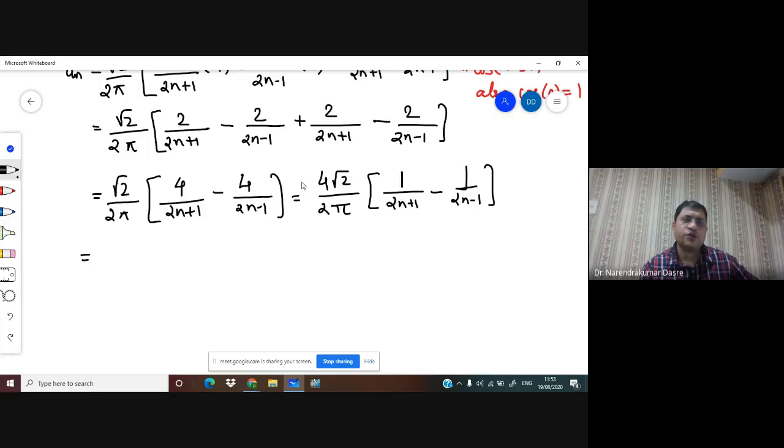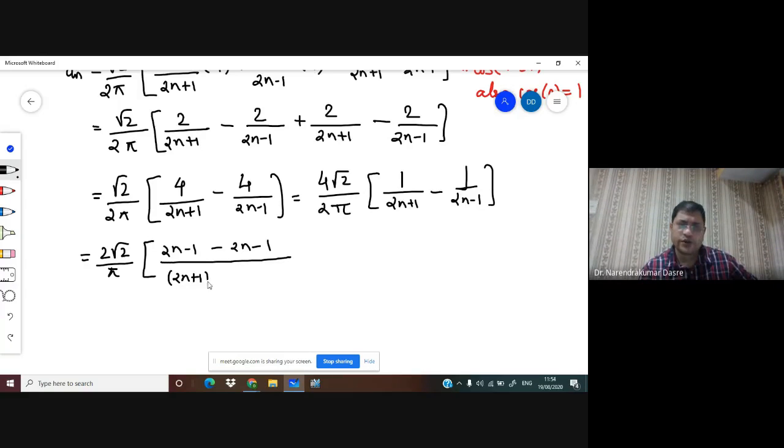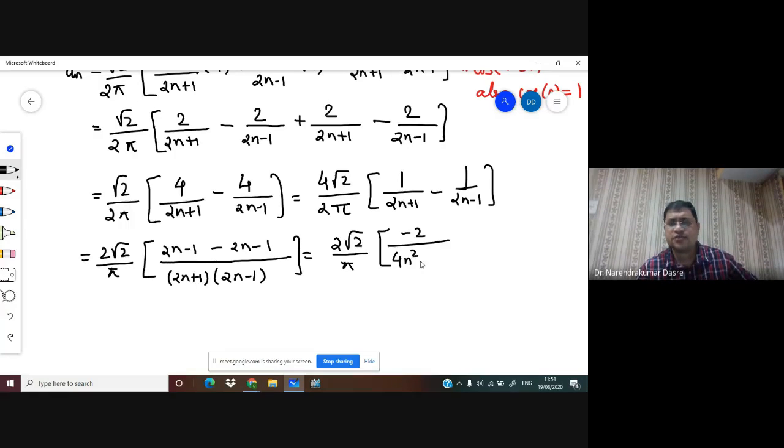So you can cancel 1 2 from here, and you'll be having 2 root 2 upon π. This is (2n-1) minus (2n+1), and here we get (2n+1) into (2n-1). So we can have 2 root 2 upon π, and this 2n will get cancelled. So I'll be having minus 2 here, and this is 4n² minus 1.